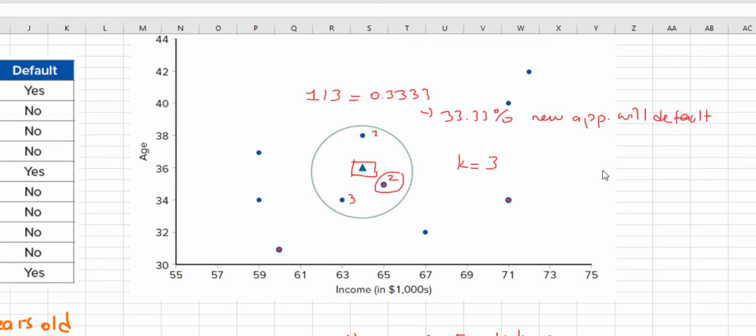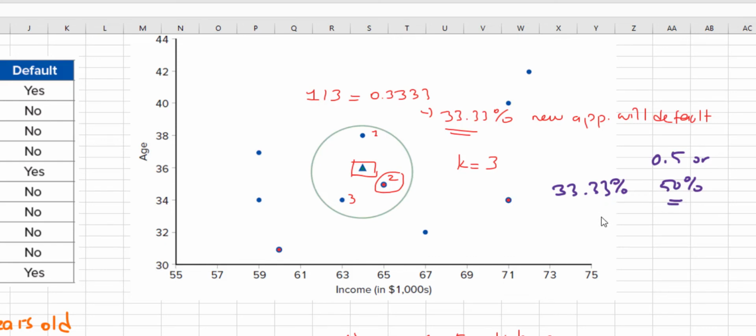The mortgage company can then compare this 33.33% with a threshold value. Let's say the mortgage company's threshold value is 0.5, or 50%. So 33.33% is the probability that the new applicant is going to default, and 50% is the threshold.